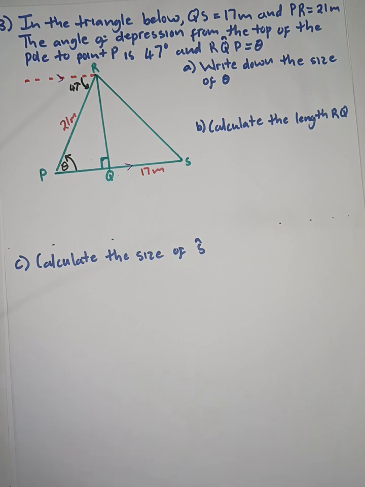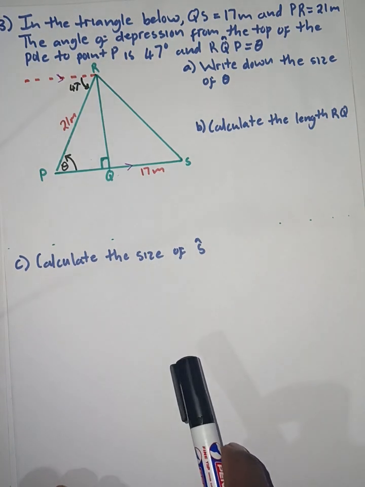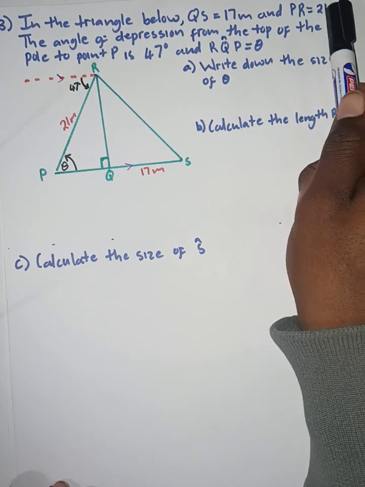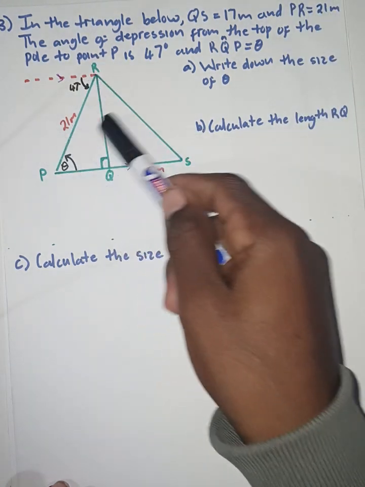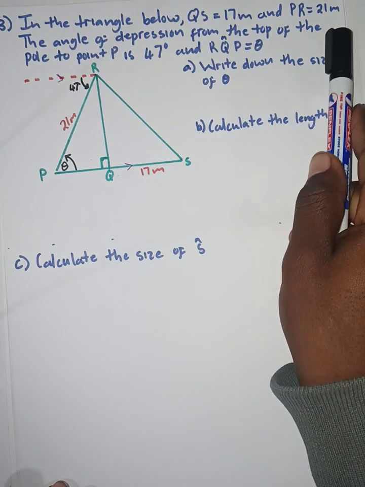They say in the triangle below, QS is equal to 7 meters, and PR is 21 meters.